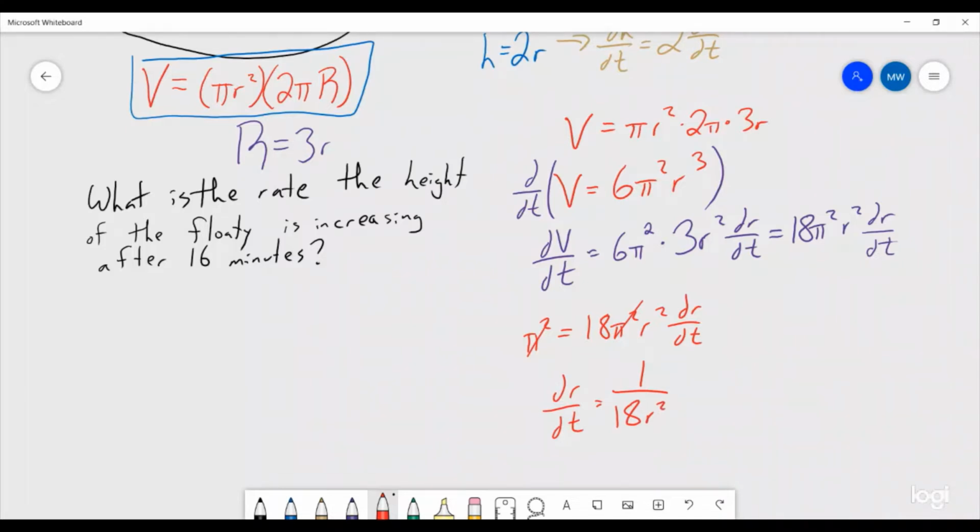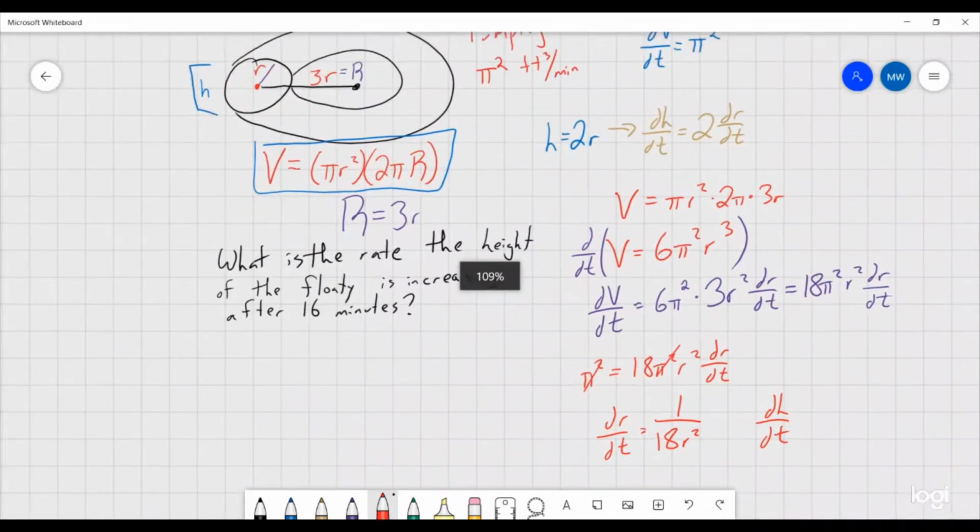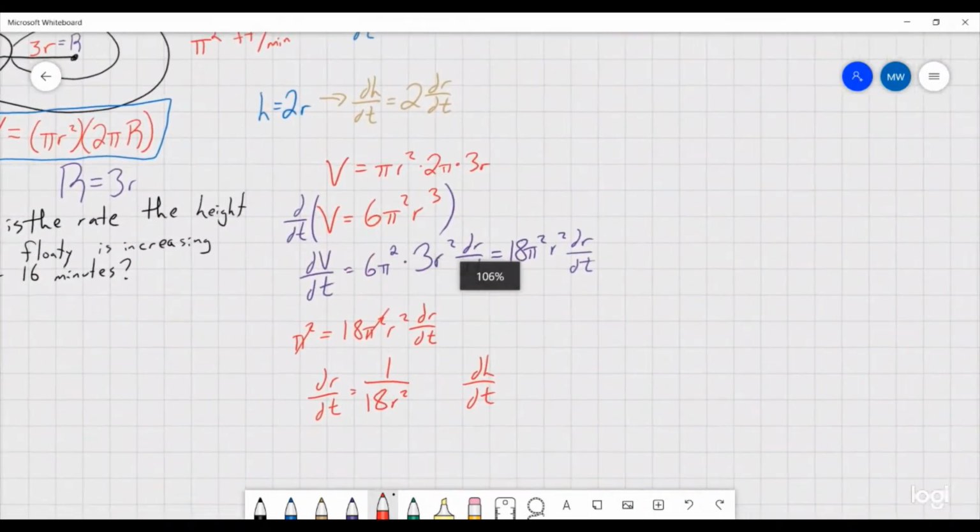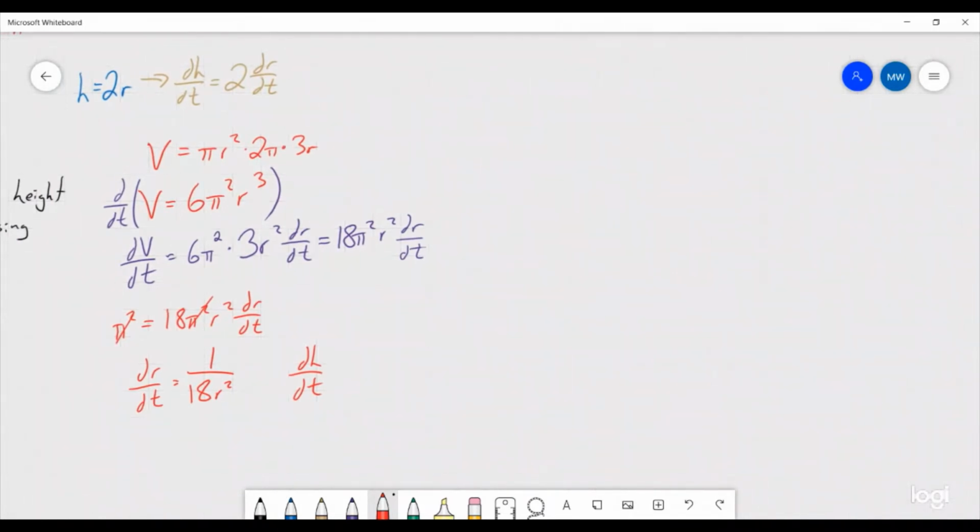So dh/dt is 2 times dr/dt. Remember, we found that a little bit earlier. So that means this is going to be 2 over 18r squared, or 1 over 9r squared. That is what dh/dt is.